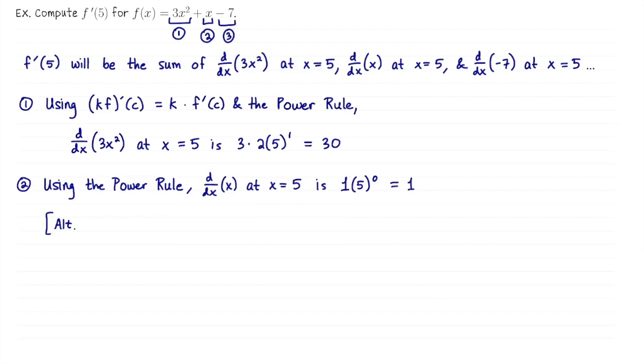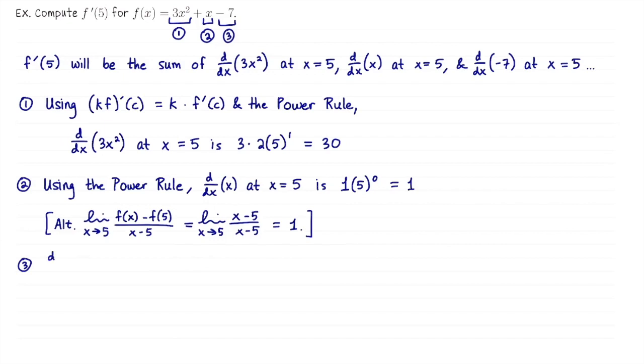Let me do the second style. We want to compute the limit as x approaches 5 of f of x minus f of 5 over x minus 5. But that's equal to the limit as x approaches 5 of x minus 5 over x minus 5, which is 1.